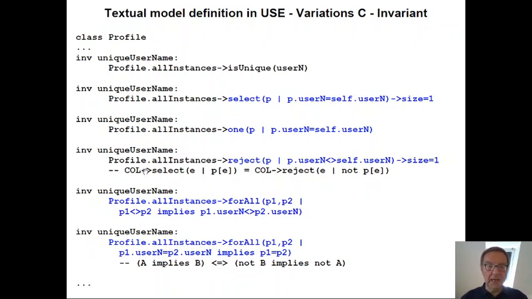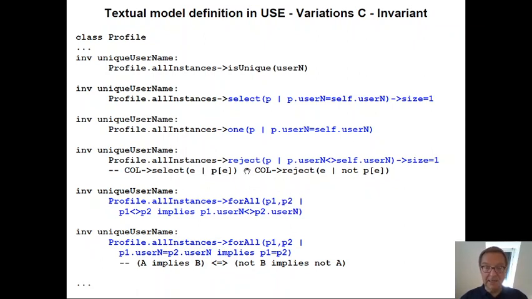For the next formulation, I have stated here a general law which states a relationship between select and reject. So we have this operation select, and we also have a collection operation reject. The select selects objects which have a particular property P, a property for an element E here.